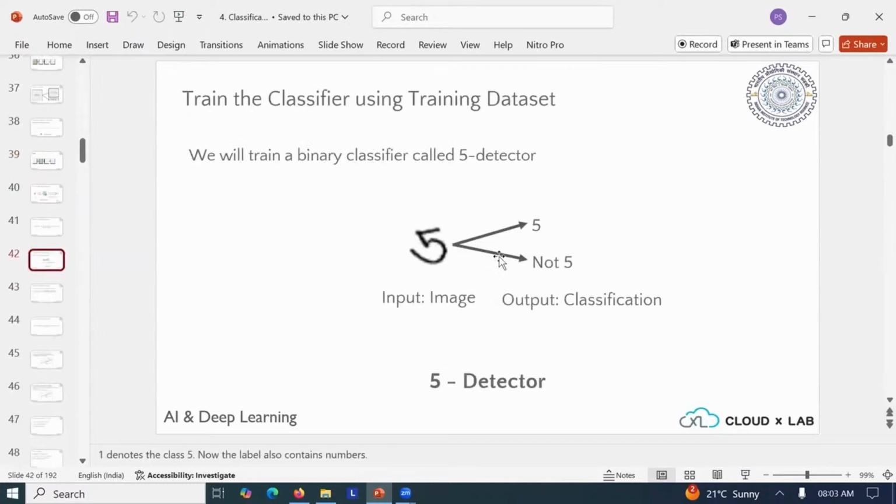For this classifier, where we are predicting only two classes, 5 versus not 5, the data set is skewed, because digit 5 is in the minority and not 5 is in the majority. So most of the images belong to the second category, not 5, and only roughly 10% of images belong to digit 5, right?